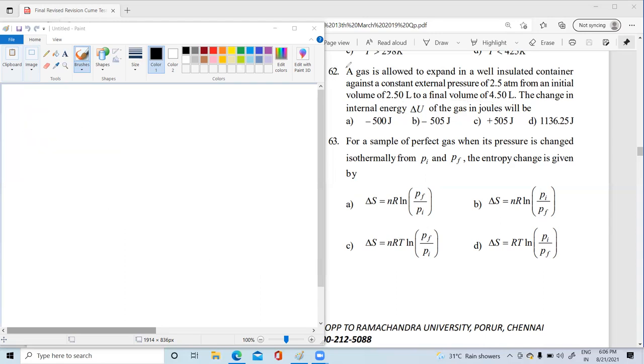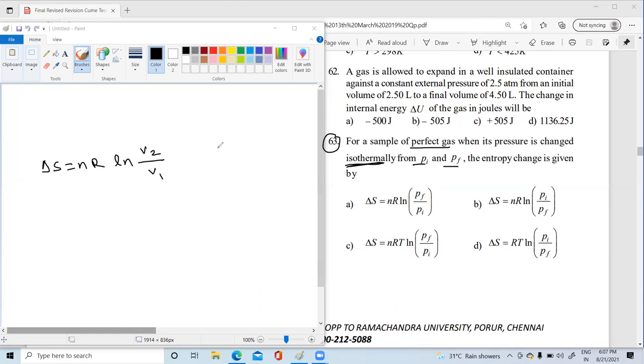Next, students, question number 63. For a sample of perfect gas, when its pressure is changed isothermally from P initial to P final, the entropy change is given by. As we know very well, students, del S equal to nR ln V2 by V1, right?